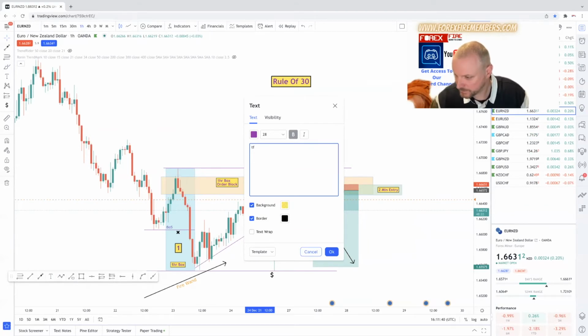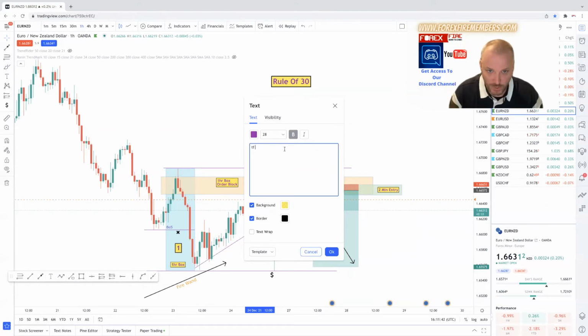So let's say this is the 1 hour time frame, and then you're going to multiply by 60, because there are 60 minutes in an hour. And then from there, you need to divide it by 30.